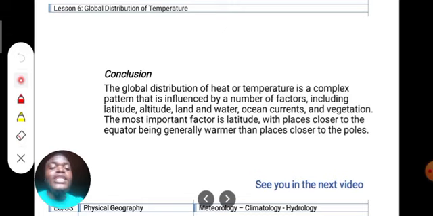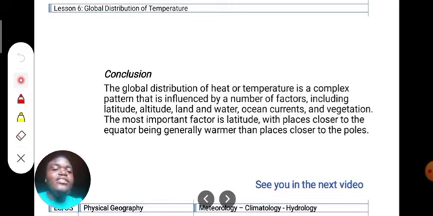Under that, we have looked at two major factors that fall under astronomical factors, and this had to do with the revolution of the Earth and the shape of the Earth, and how these two factors affect the horizontal distribution of temperatures over the Earth.